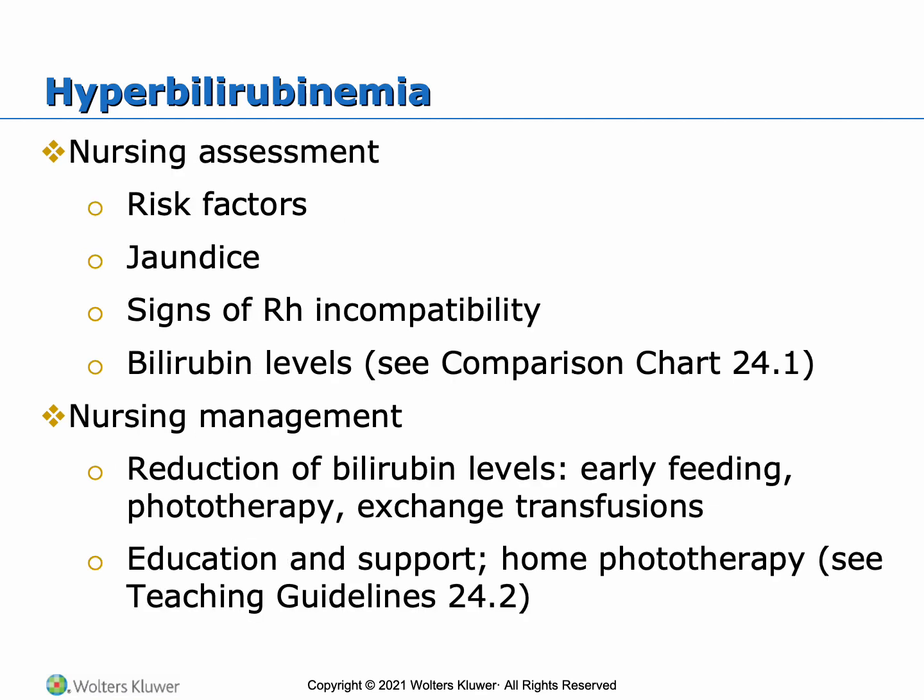So you're going to assess for risk factors such as polycythemia, significant bruising, or cephalohematoma, which increases bilirubin production. Infections such as toxoplasmosis, hepatitis B, rubella, cytomegalovirus, or herpes simplex virus. Also medications that are used during labor and birth such as Valium or diazepam or oxytocin or PIT.